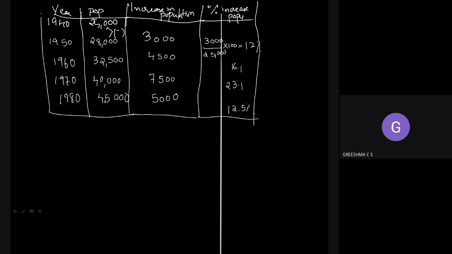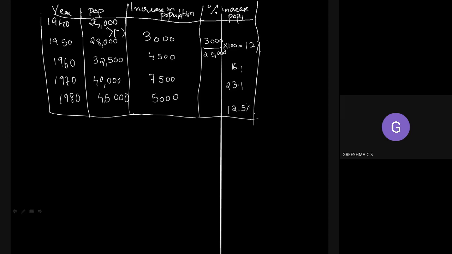Just the first one I did: how much increase in the population occurred in 1950 with respect to 1940. That is 3,000 divided by 25,000 into 100, you will get 12 percent. Similarly 16.1, 23.1 and 12.5 percent.